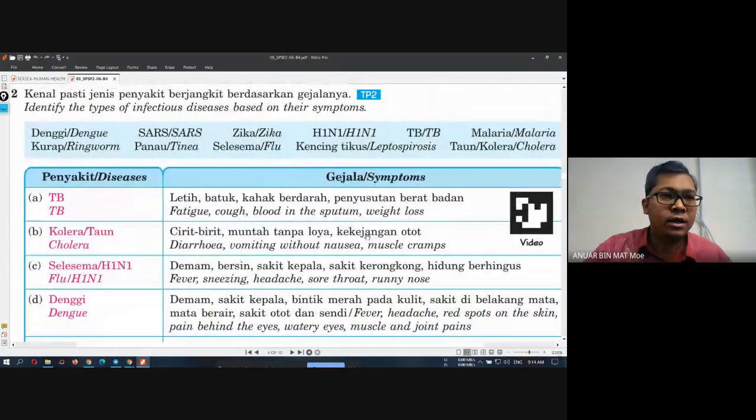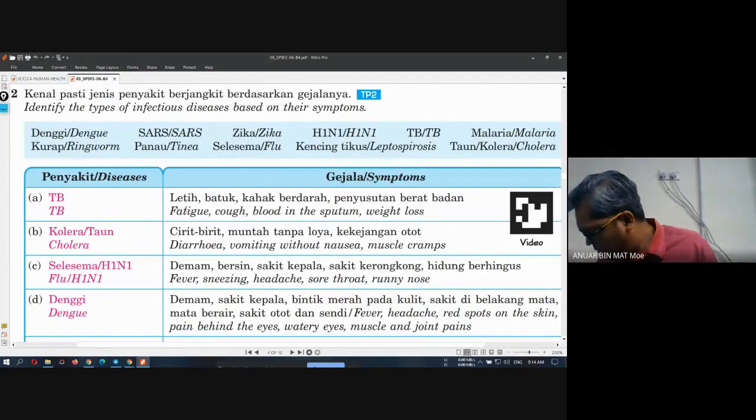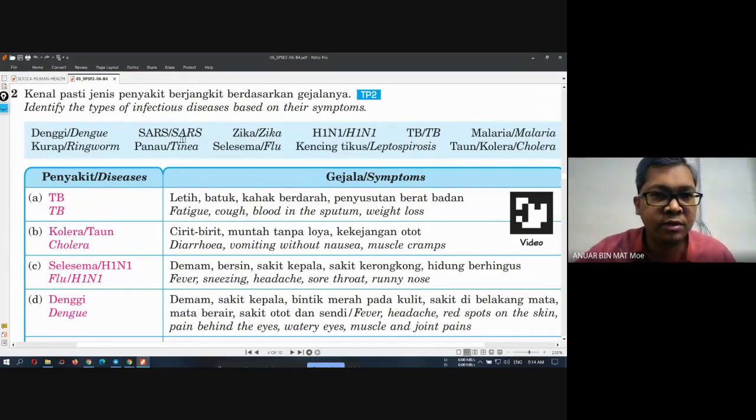So, page 40, question number 2, I will read you the question first. You need to identify the type of infectious disease based on their symptoms. Wow, this is just like a doctor. You need to become a doctor, right? It gives you an option or selection of a disease and then its symptoms.